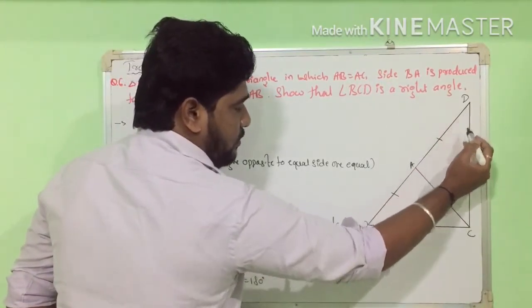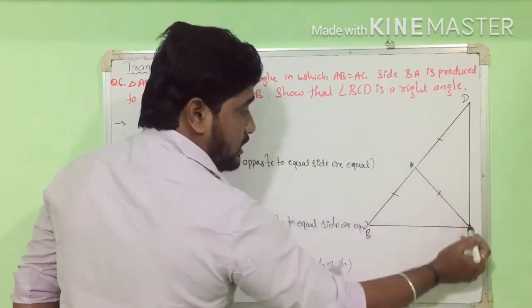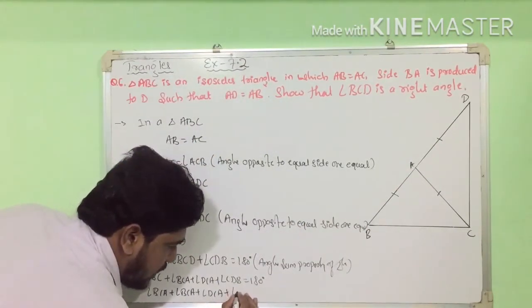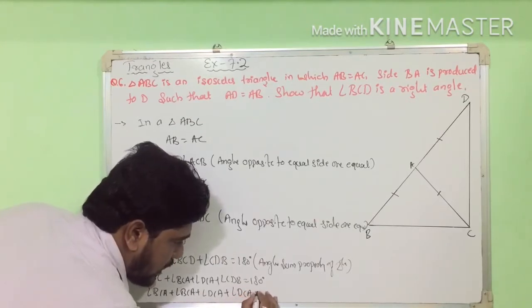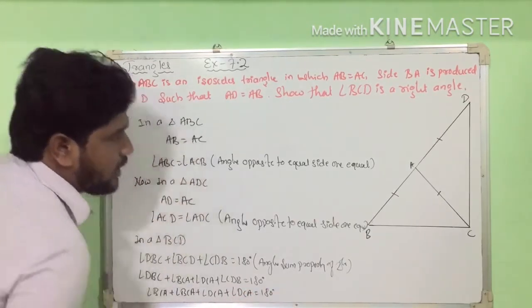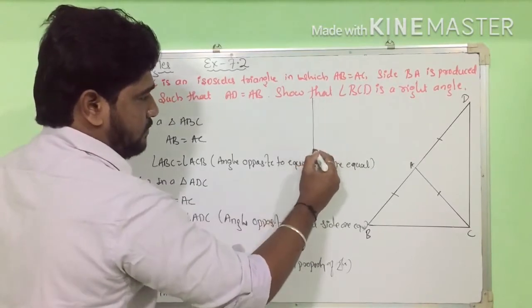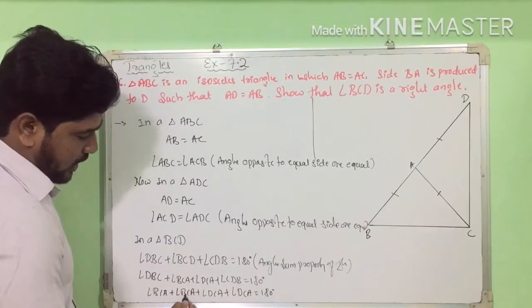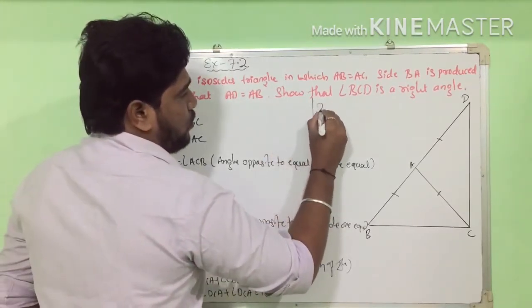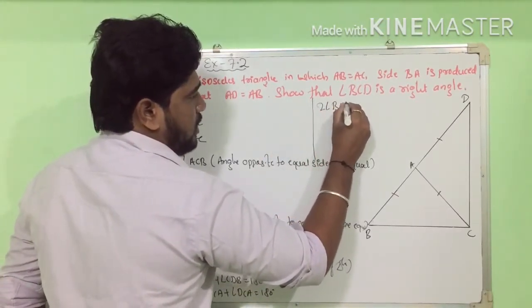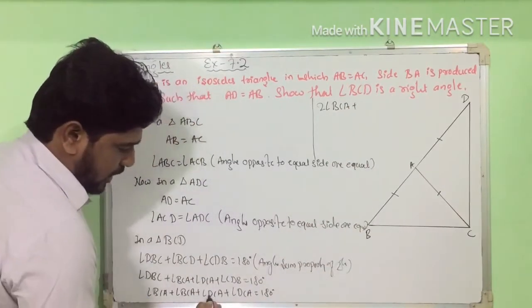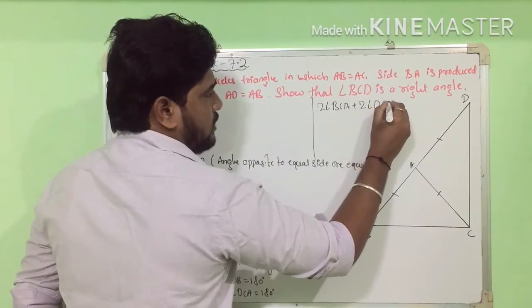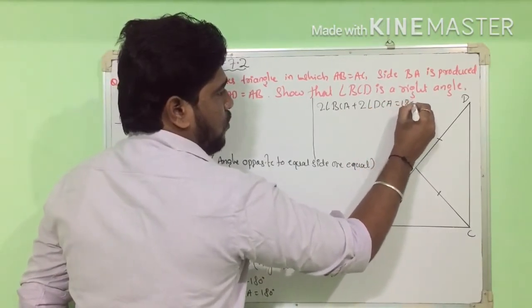Instead of angle CDB, we can write angle DCA because these two angles are equal. So angle DCA is equal to 180 as it is. So now see here, angle BCA and angle BCA, the sum of these two is 2 angle BCA, plus here also angle DCA, 2 angle DCA is equal to 180.